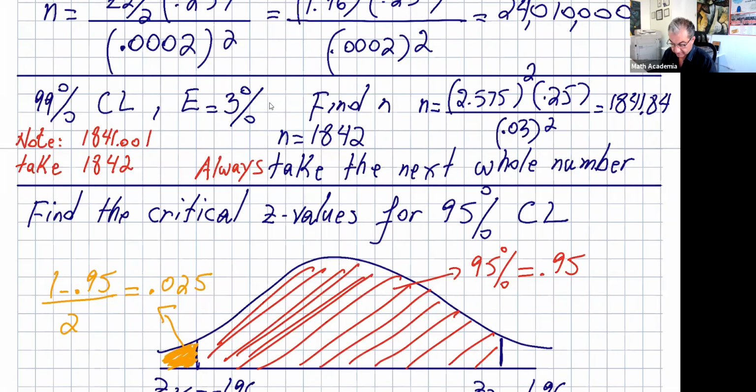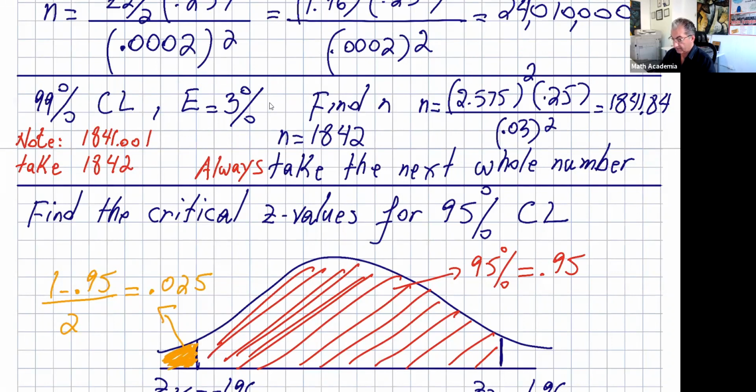I think it's better because I want to go over a little detail. E is 3%, 99% confidence level, and we want to find n. So 99% is 2.575 squared times 0.25 divided by 0.03 squared, you get 1,841.84. Don't forget, sample size cannot be a decimal.